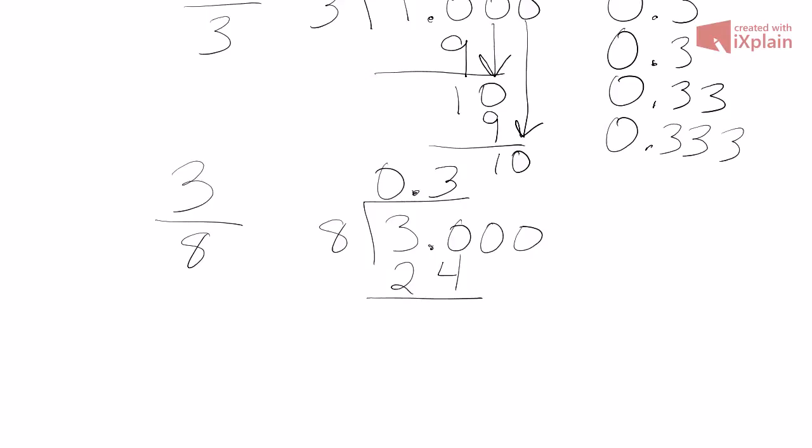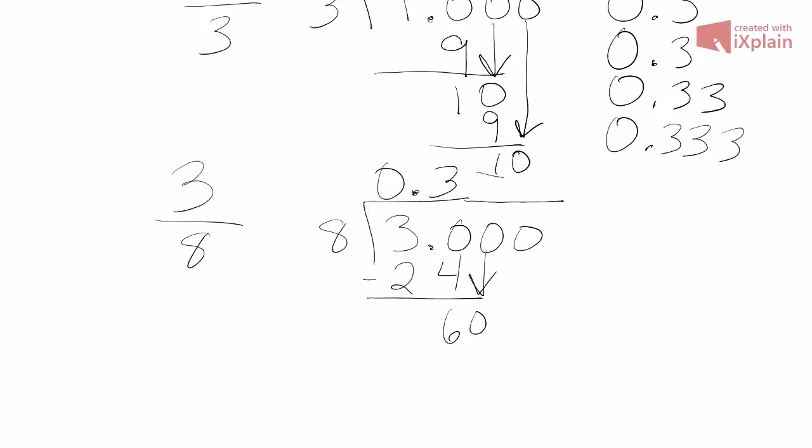So 30 minus 24 is 6, and then I need to bring down the 0. So how many times can 8 go into 60? Let's see. So I know 8 times 3 was 24. So 8 times 6 would be 48. And then another 8 would be 56. And then another would be 64. So 8 times 8 would be 64. That's too big.